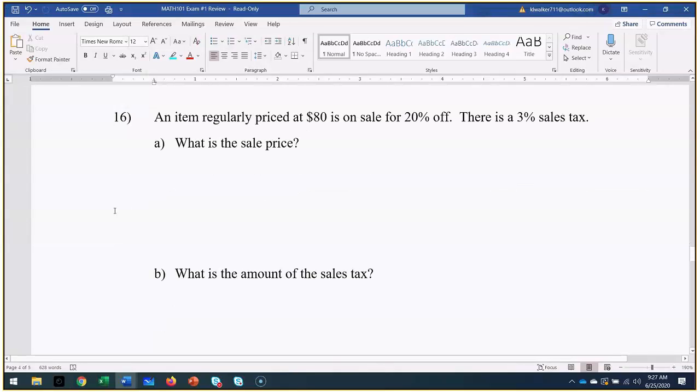Okay, here's number 16. If we have no questions, I'm going to keep going. An item regularly priced at $80 is on sale for 20% off. I'm just going to write this down as I'm going. There's a 3% sales tax.